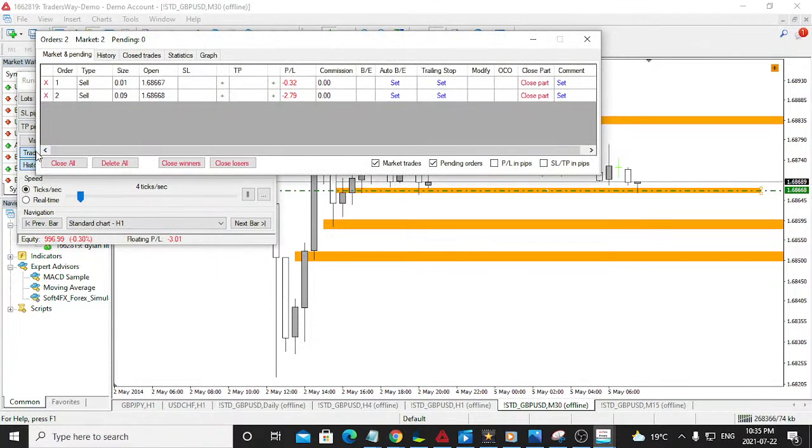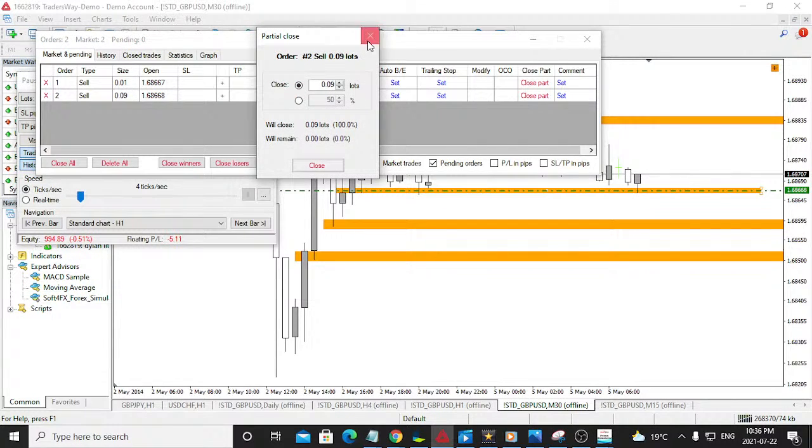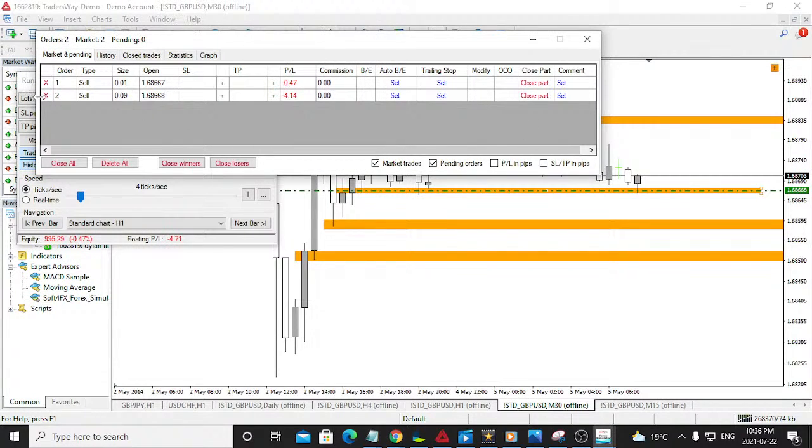Let's go to my actual trades. So as price starts to retrace, I'm thinking to myself that I'm going to want to close 50% of this trade. So I'm going to close partial. Actually, I'm gonna close the entire thing.